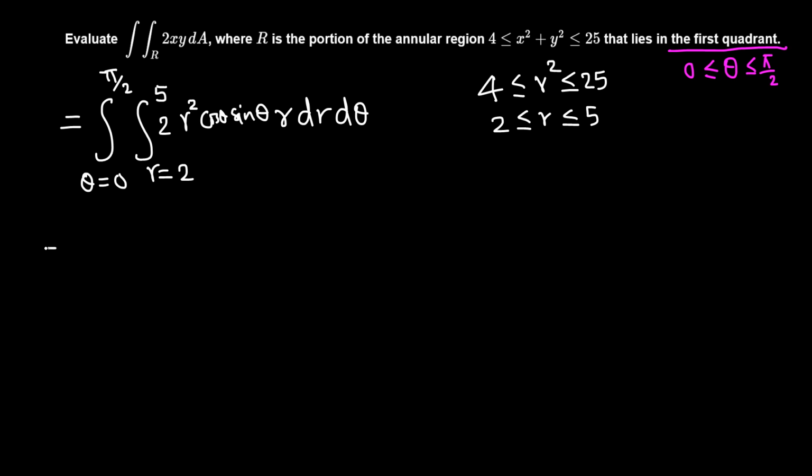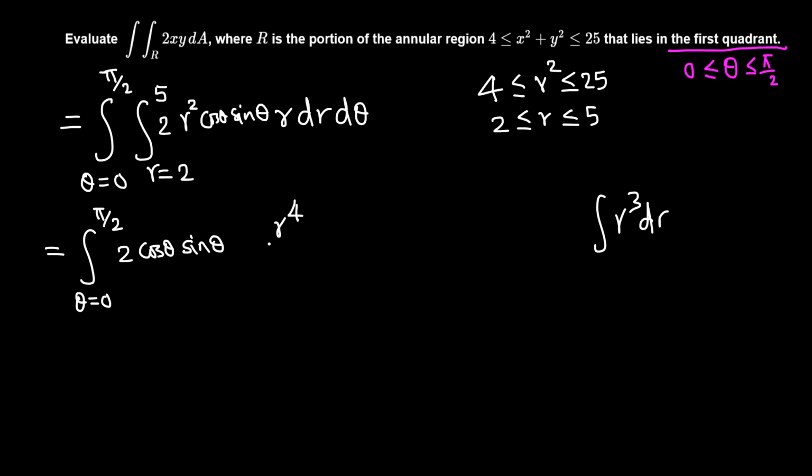Okay, next let's integrate inside. So that's theta equals 0 through pi over 2. This is the antiderivative with respect to r, so 2 cosine theta sine theta can be pulled outside of this. So 2 cosine theta sine theta, then that leaves r squared times r, r cubed dr, that's just r to the fourth over 4, and r is going from 2 to 5, d theta.